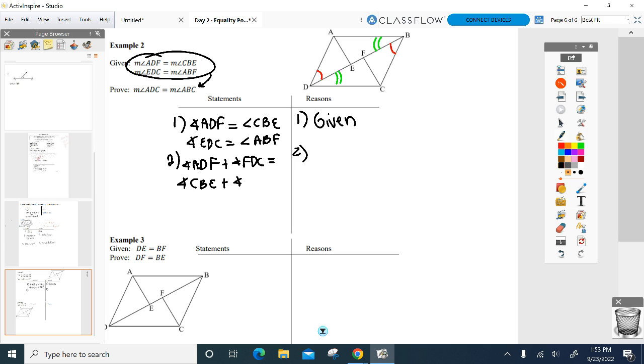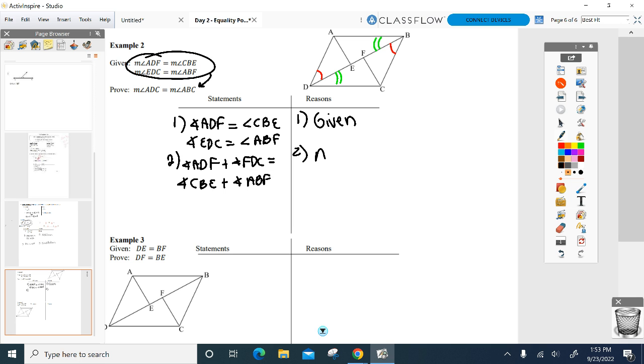Wait, CBE is this one I have here in red. I have to add the one next to it to get to the whole angle. So I need the name of the one next to it. ABF. Good. And what gives me the right to add these up?